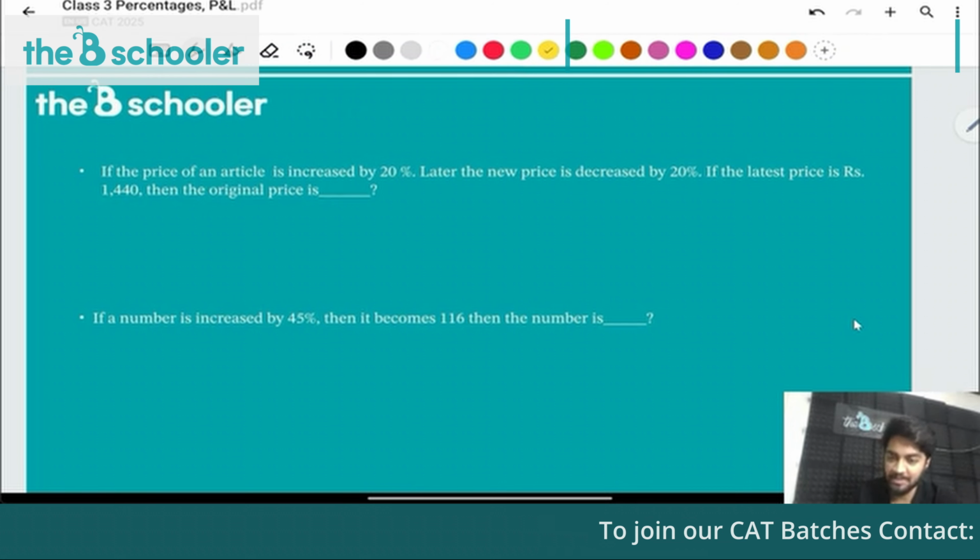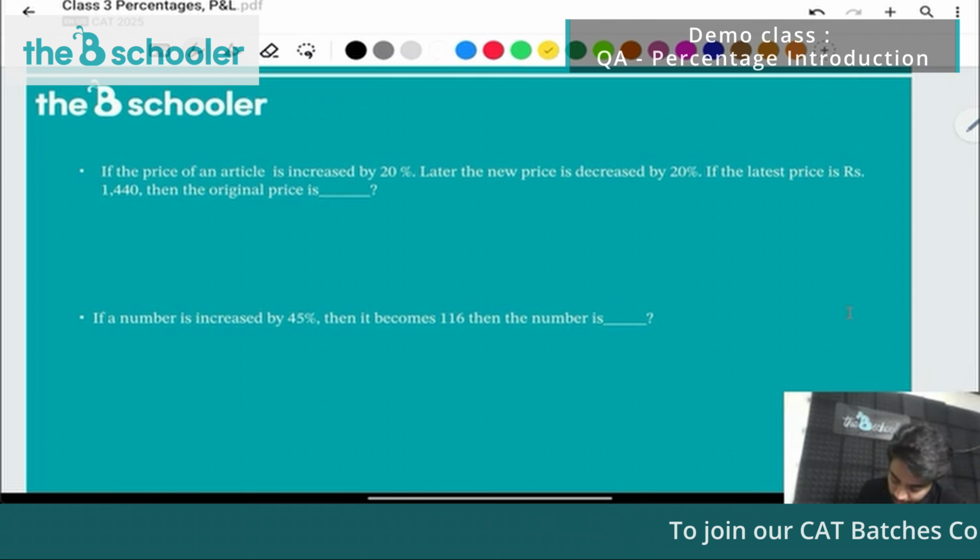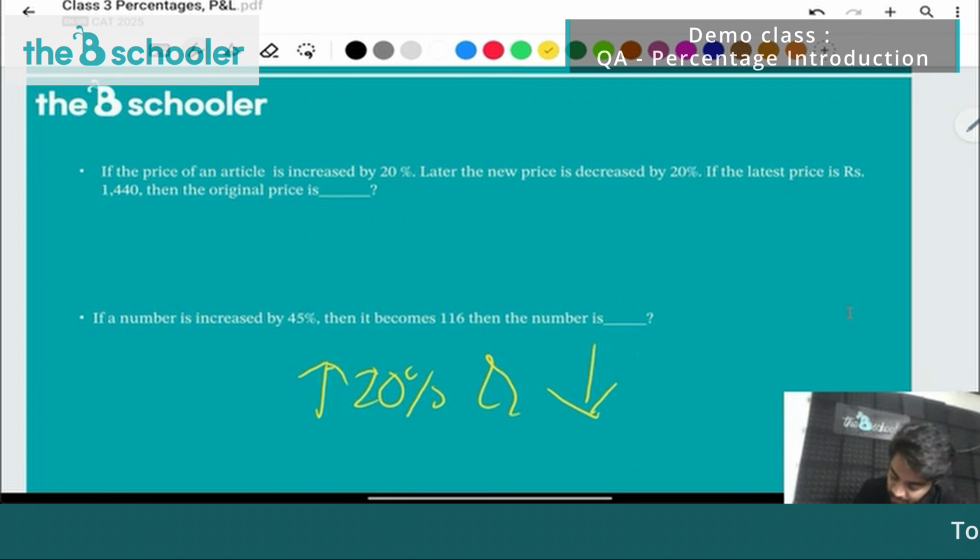Now, are they the same thing? When you saw that 20 percentage increase and then a 20% reduction, you got the final value of 0.96x.